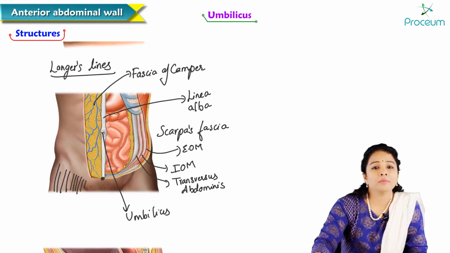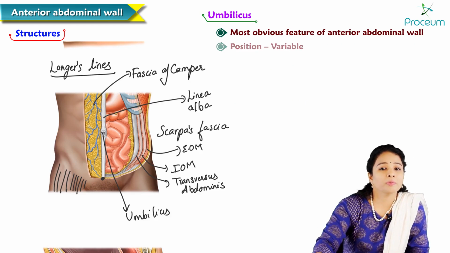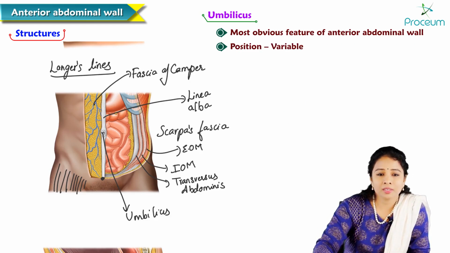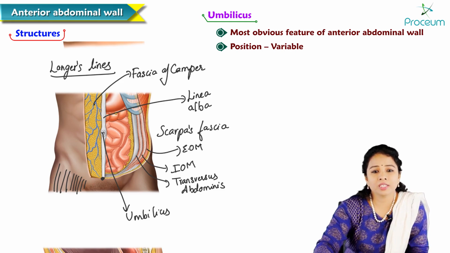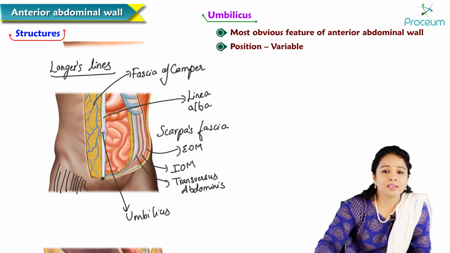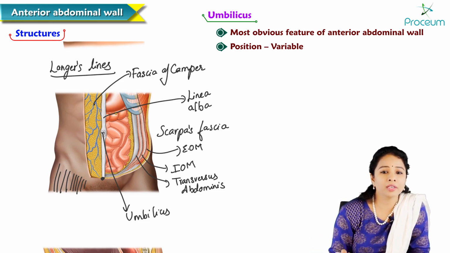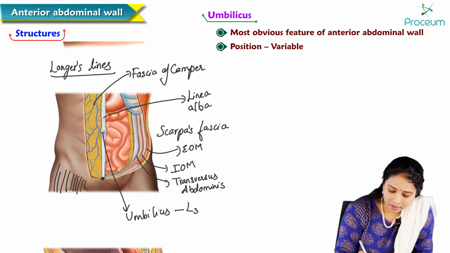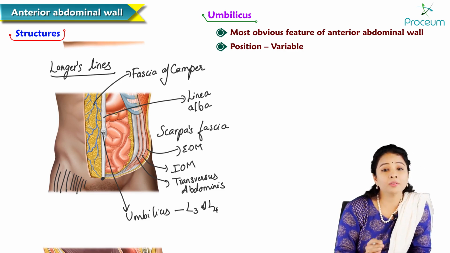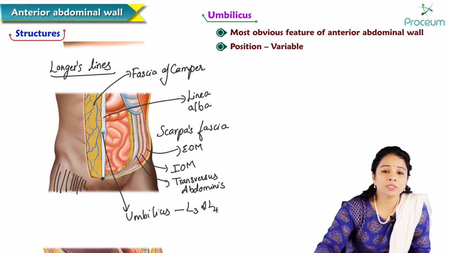Umbilicus. The umbilicus is the most obvious feature of the anterior abdominal wall. The position of the umbilicus is variable. Usually in adults who are fit without a pendulous abdomen, it lies at the level of the 3rd and 4th lumbar vertebrae, that is, between L3 and L4, at the intervertebral disc between L3 and L4, and it indicates the level of dermatome T10.